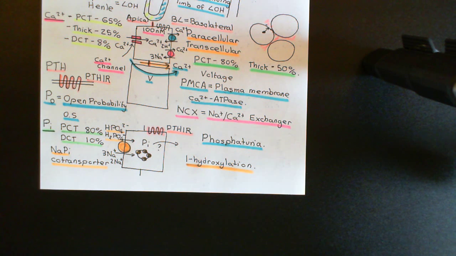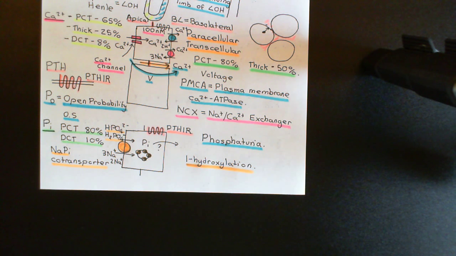And the active form of vitamin D is then going to go up in the bloodstream. And this active form of vitamin D, along with parathyroid hormone, are going to cause lots of effects. So in particular, both of them are going to work together to drive the bone to release calcium.